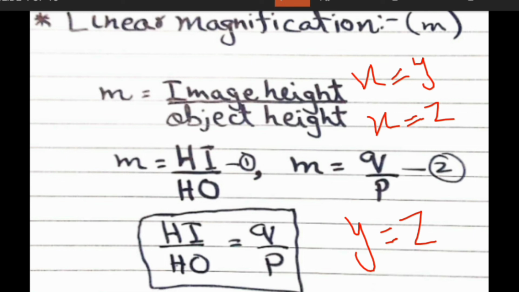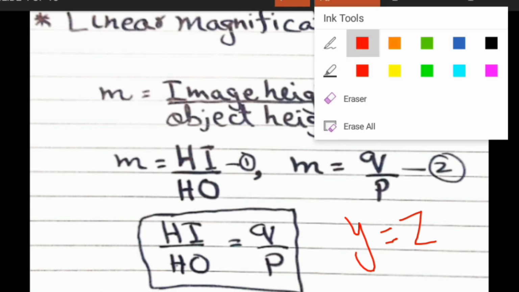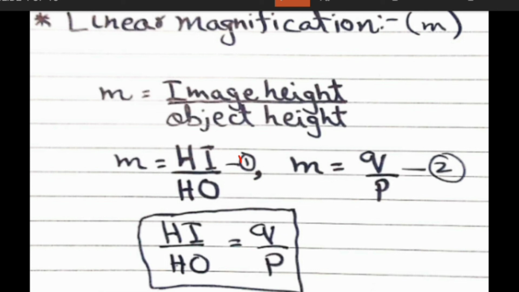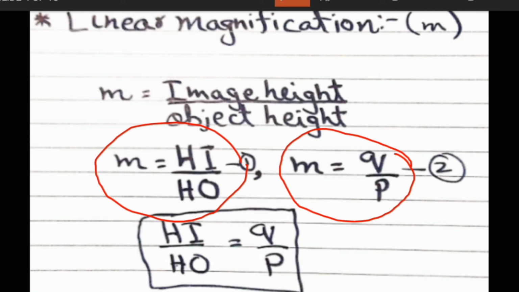Now here m is equal to hi upon ho, and m is equal to q upon p. So we can write hi upon ho is equal to q upon p. Here we have derived another formula. So we have three formulas: m is equal to hi upon ho, m is equal to q upon p, and hi upon ho is equal to q upon p, the third formula.